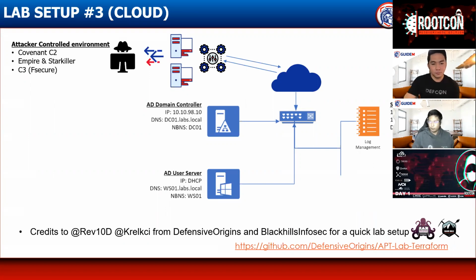It's a Terraform deployment script that basically gives you an environment wherein there is verbose logging, Sysmon is already configured, and you have HELK by Cyb3rWard0g. We integrated our custom machines for the attackers, such as Covenant C2, Empire, and Starkiller. We also have C3 by F-Secure as well.